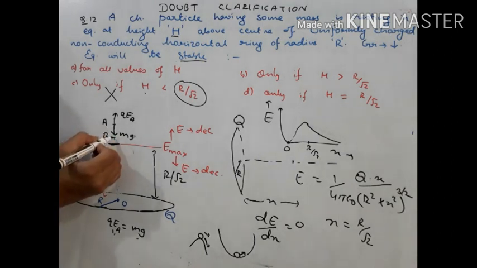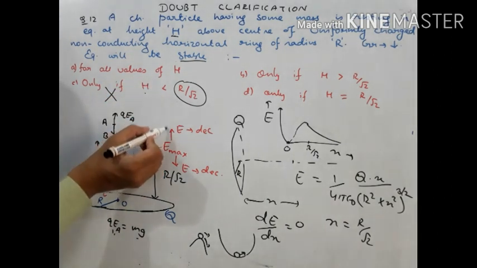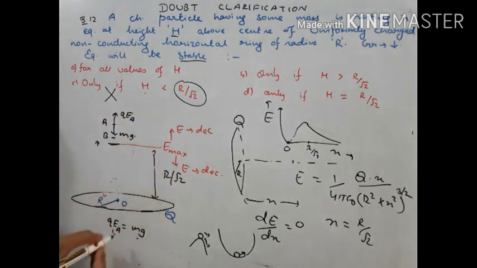If we move from A to B, what will happen to the electric field? You see, electric field was decreasing upward. So in downward direction, electric field will increase. So this value will increase. So the left hand side will become more, right hand side will become less. The left hand side will become more means upward force will become more, gravity will remain same.